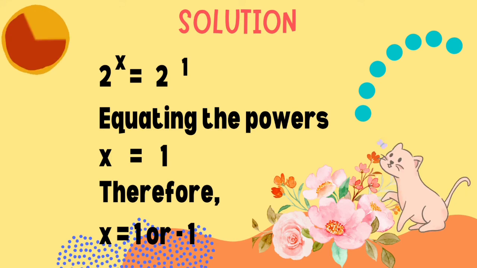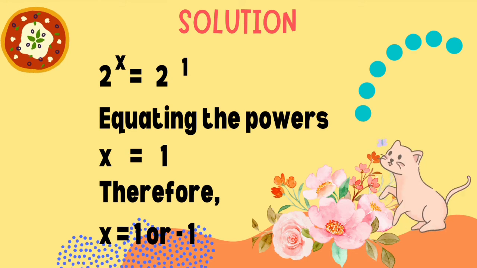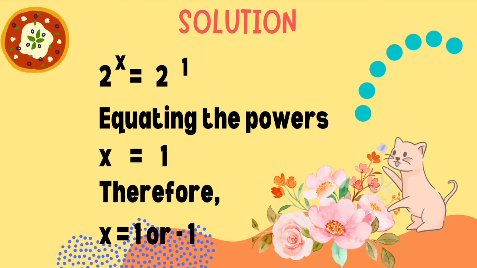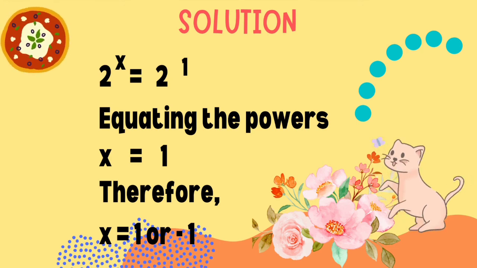So you'll be having 2 raised to power x being equal to 2 raised to power 1. Again, because the bases are the same, you equate the powers. When you equate the powers, you'll be having x being equal to 1. Therefore, the solution of the exponential equation given will be x equal to 1 or minus 1.